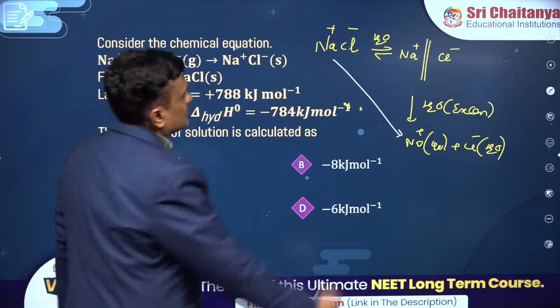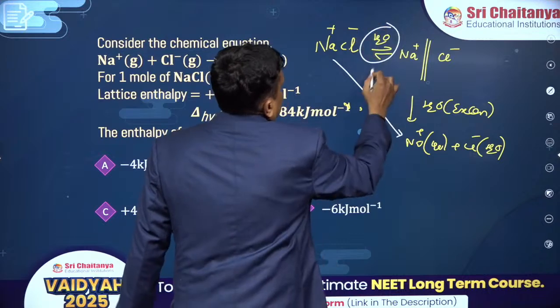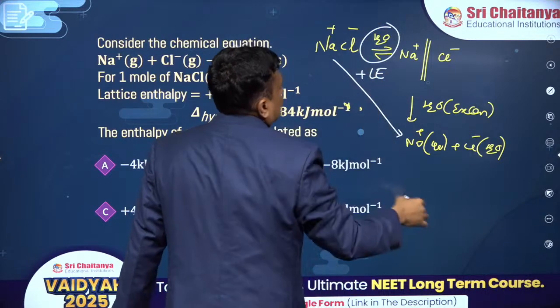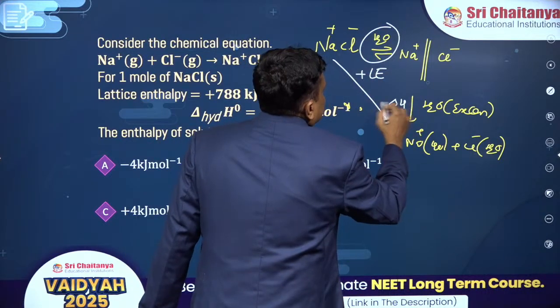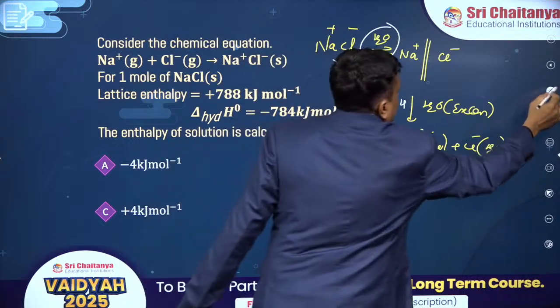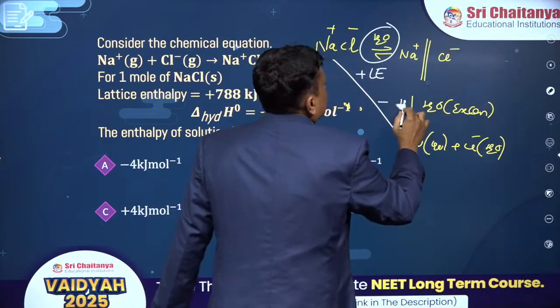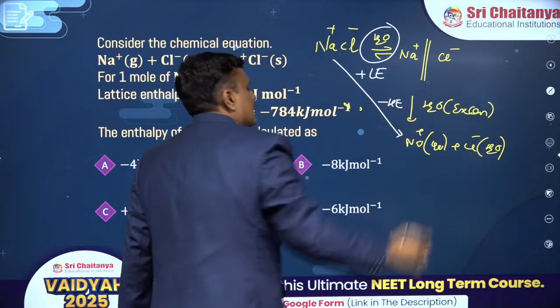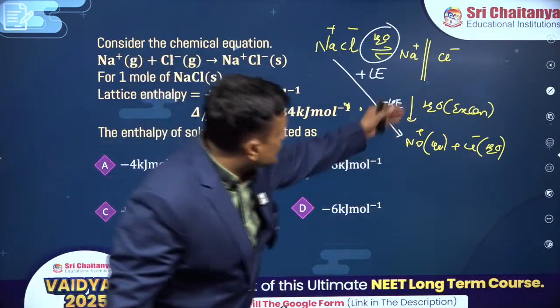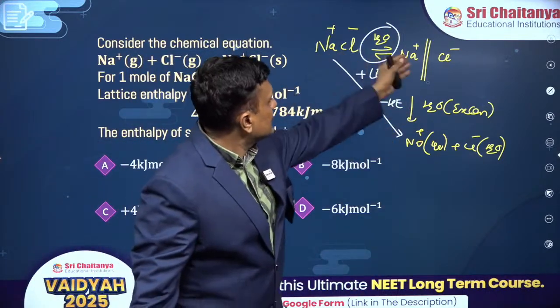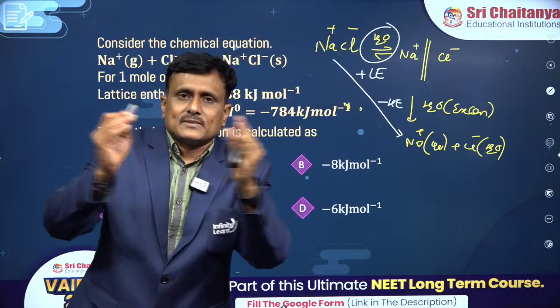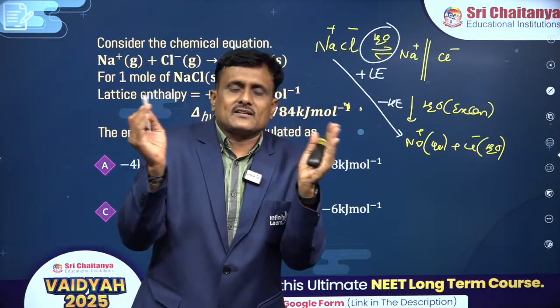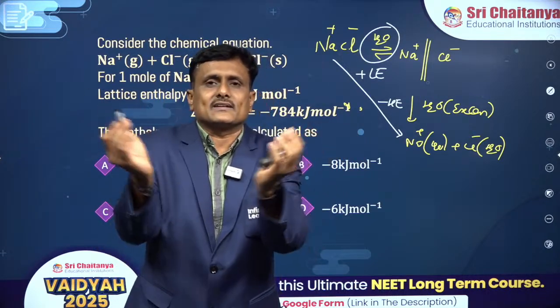One, you have to break the bonds, that is lattice energy, which is given as positive. Second, hydration energy is negative, right? Because when new bonds are formed with water, energy is released, negative value. Here you need to supply the energy so that plus and minus separate. First you have to separate the cation and anion, then you have to hydrate them.